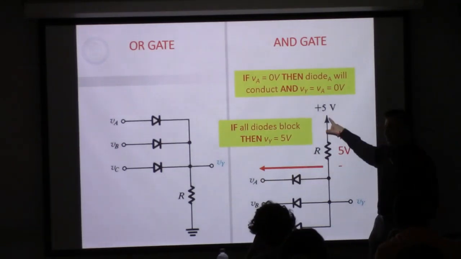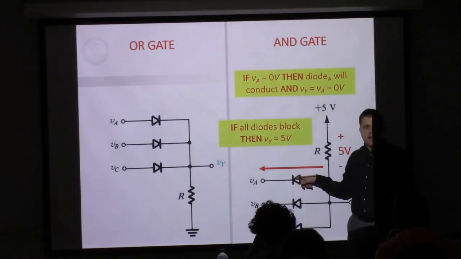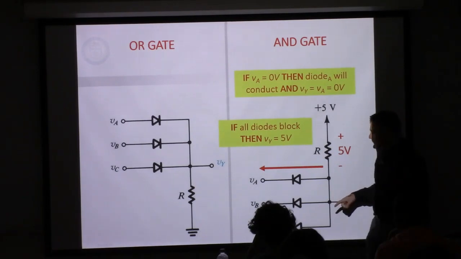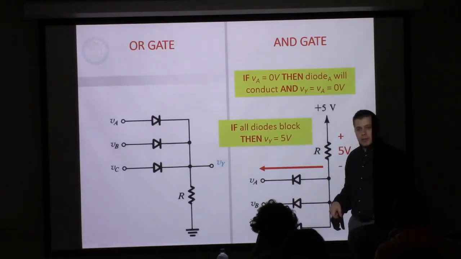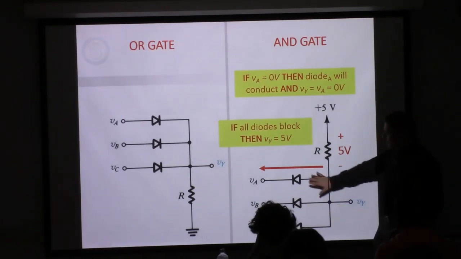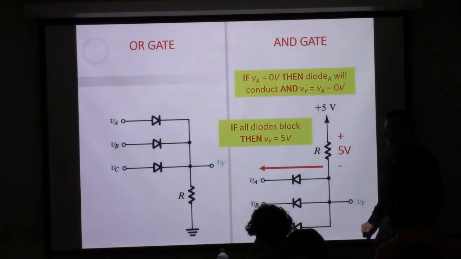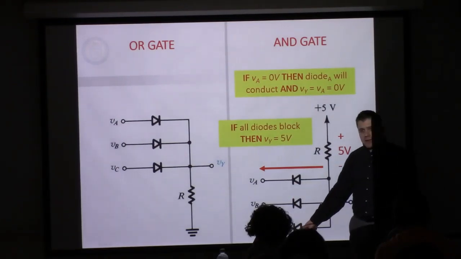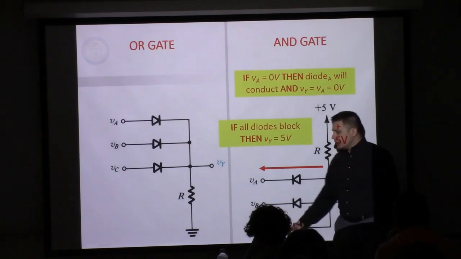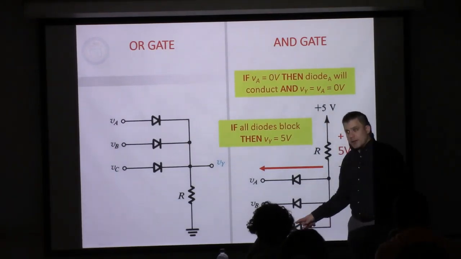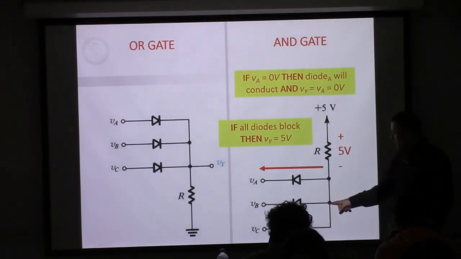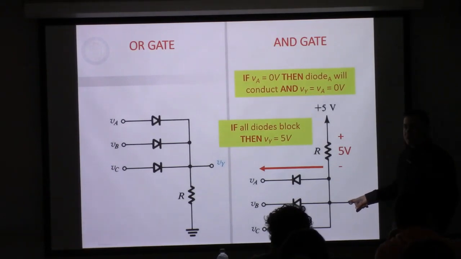It'll be a 0-volt differential across the diode. It'll block. This will also block. So you can almost imagine it not being part of the circuit at all. And then VC, with a value of 0, will do the same thing as our first case. It'll short it to ground. And so we'll have a ground here at 0 volts.